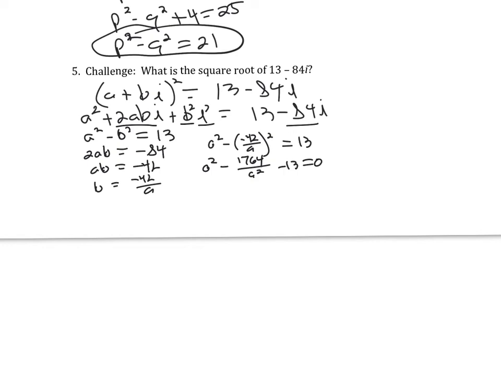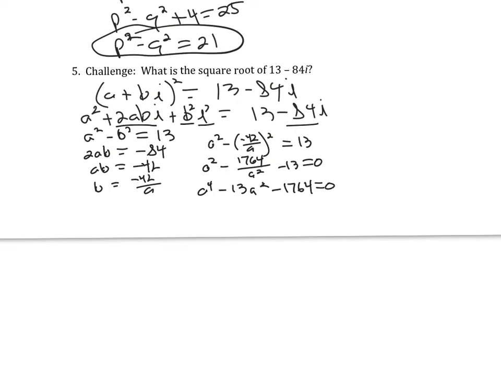We're then going to multiply through by a squared to get a to the 4th. We'll bring the 13 up to put it in the proper order. Minus 13a squared, and then minus 1764 is equal to 0.